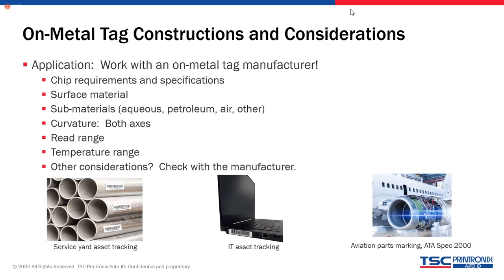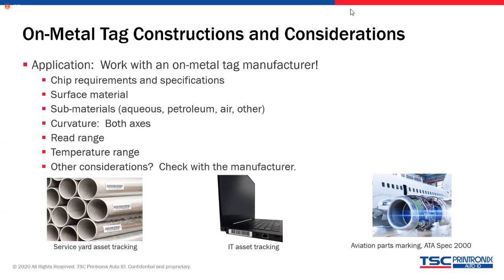The read range. Most people automatically assume that a longer read range of the tag is better. That's not always true. So you want to keep in mind that you might want a shorter read range. The temperature range. Here, I mean the temperature range in which the RFID needs to work. The temperature range that the tag needs to survive is a different thing.